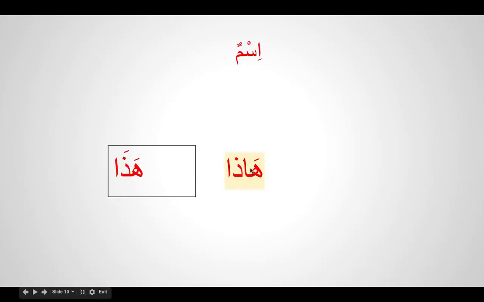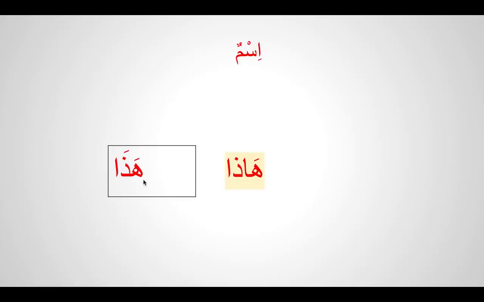The reason why is originally this alif was part of hadha. Because of constant usage, as you know, Arabic is a language of discount. It gives you a discount and the alif has been omitted and it's written short but is pronounced long. Same thing with dhalika.